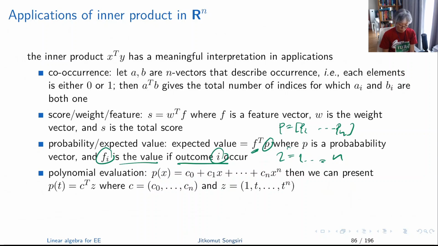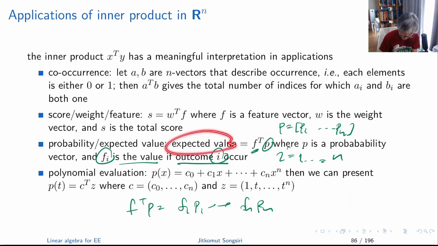Of course, f transpose p is going to be f1 p1 plus dot dot plus fn pn. What is it? This is the expected value. Remember, the expected value of something is that thing times the PMF, which is the probability vector p.